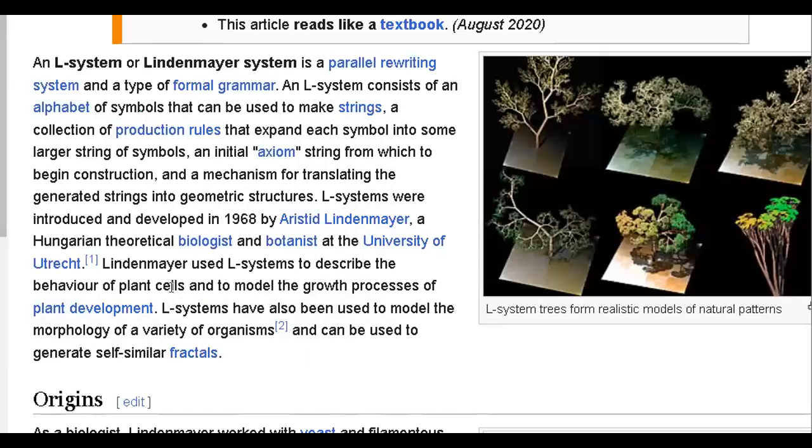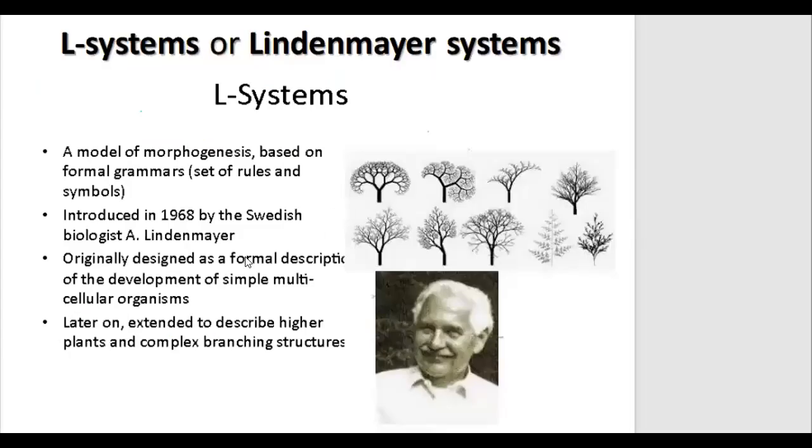So he developed this L system. He used the L system to model the growth of multicellular organisms. It can be used to model the phylogeny of a variety of organisms, and can be used to generate self-similar structures.